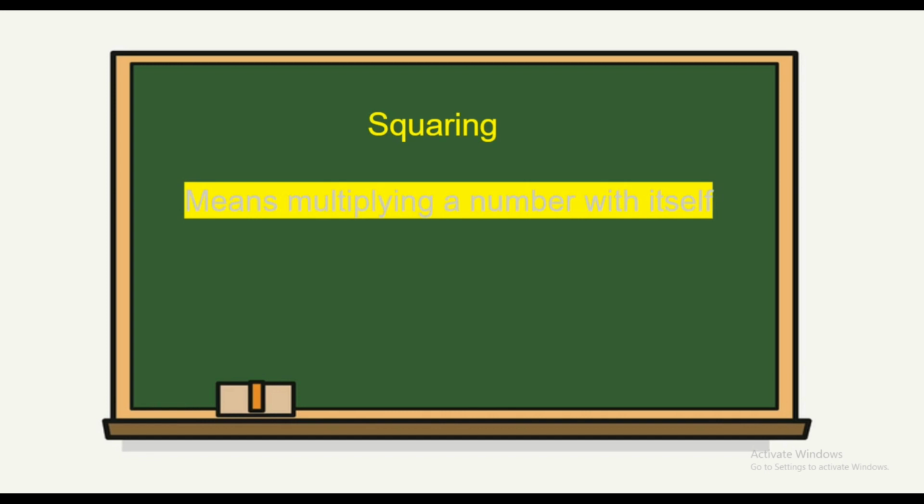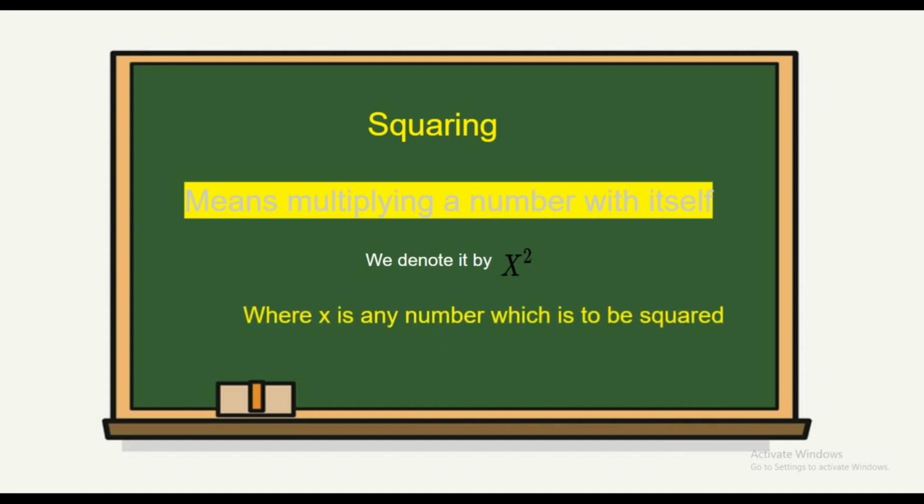Squaring is multiplying a number with itself. We denote it by putting a small 2 on the upper right corner of any digit. Here, x is any number which is to be squared.